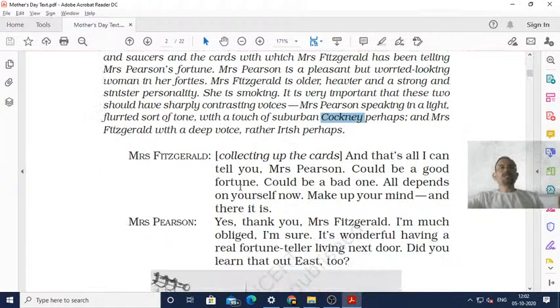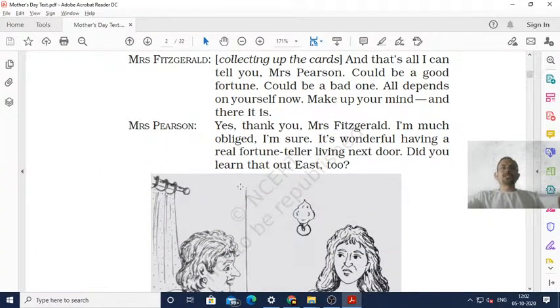So as the drama starts, we can see Mrs. Fitzgerald is in conversation with Mrs. Pearson. And we have already come to know that Mrs. Pearson is a soft-hearted lady, pleasant, yet she is very much worried.